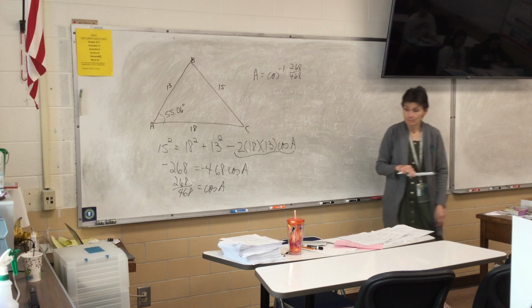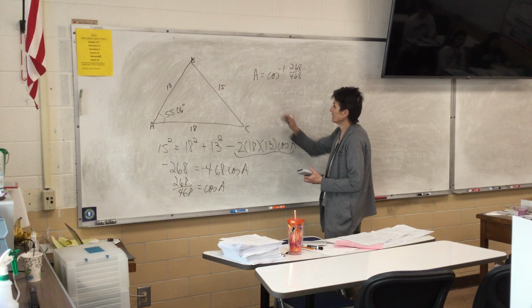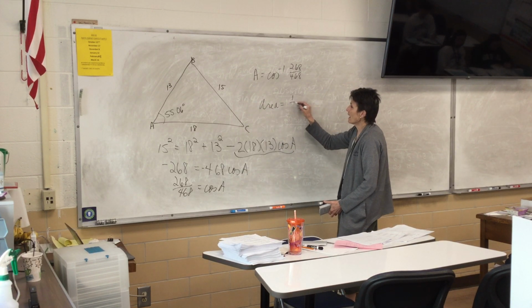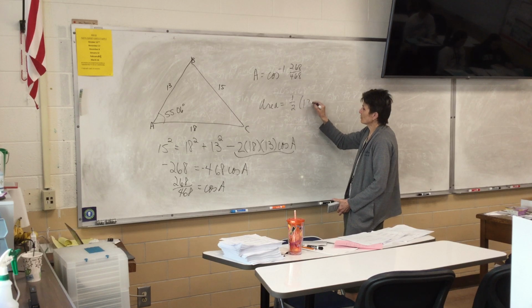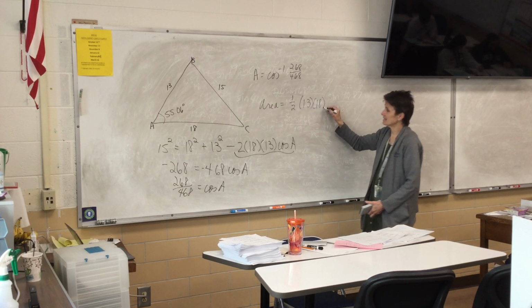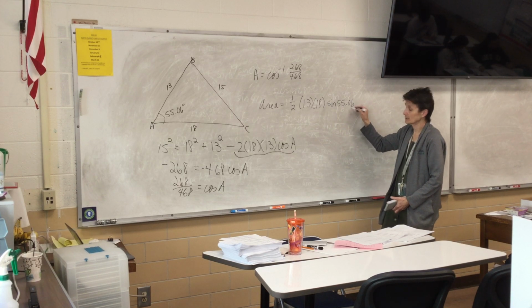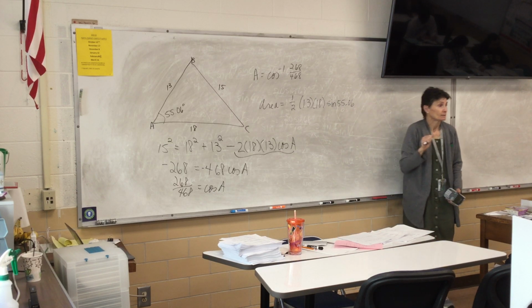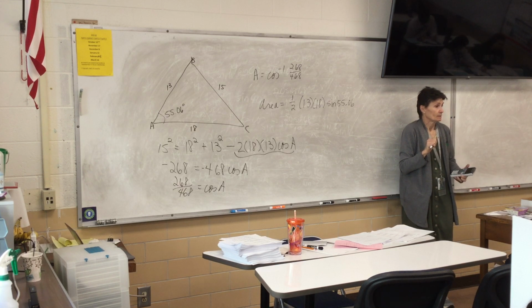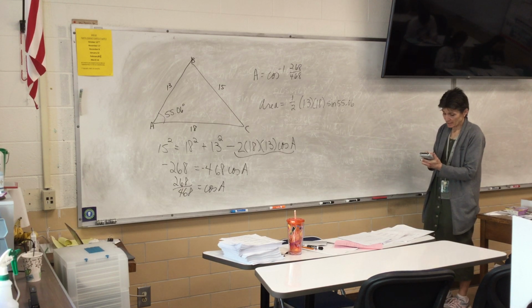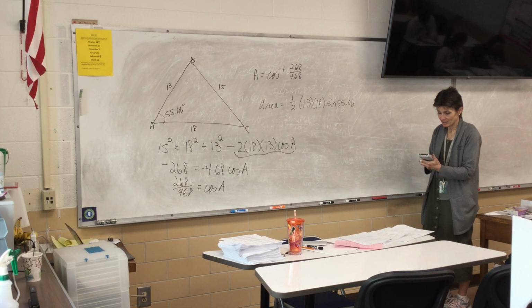So remember, our objective was to find the area. Can I do that now? So the area will be 1/2 times 13 times 18 times the sine of the angle that's in my calculator. So 0.5 times 13 times 18 times sine of the second answer.